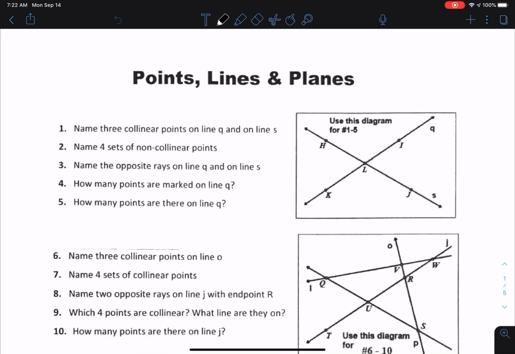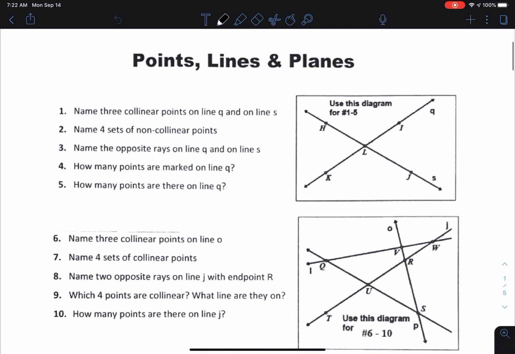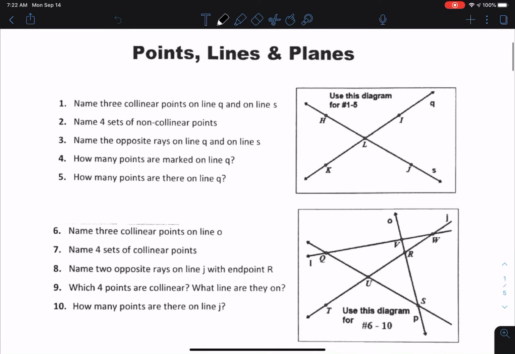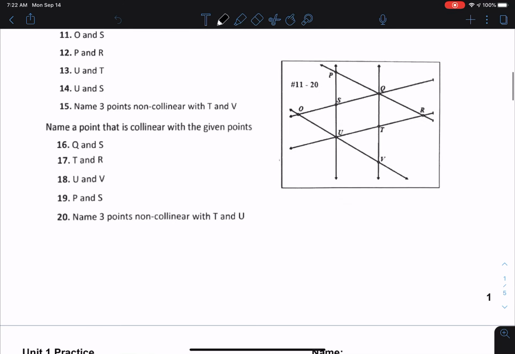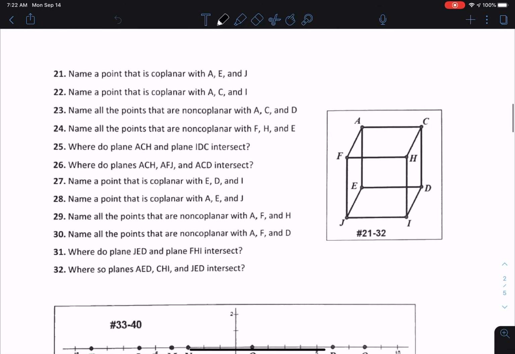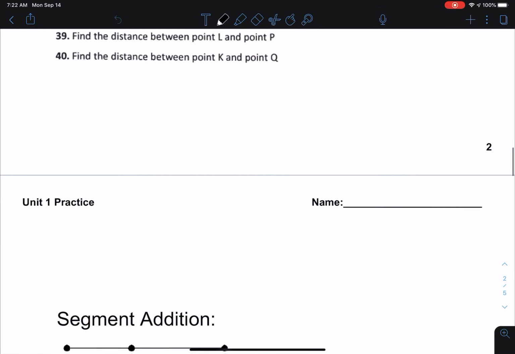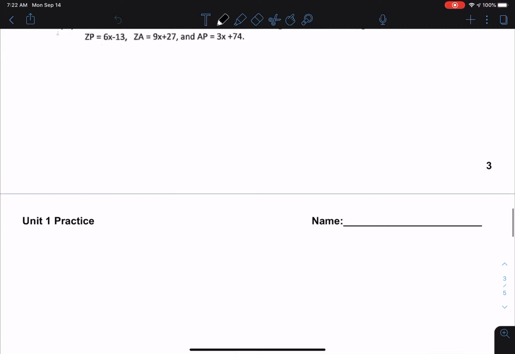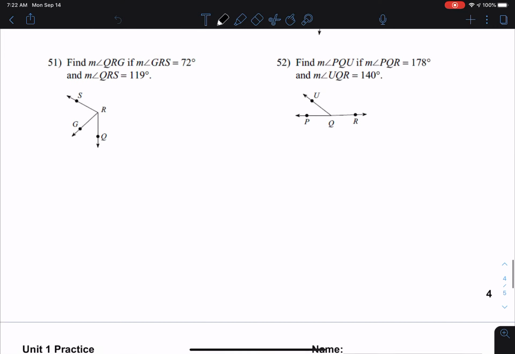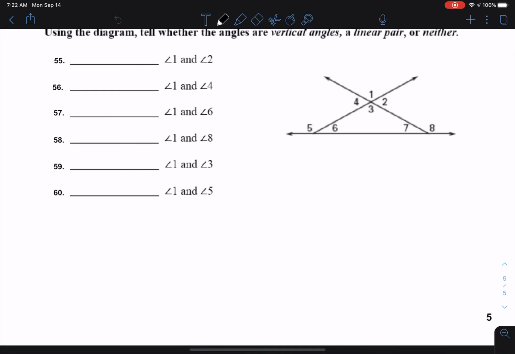So we're going to go over this study guide because your test is next class time I see you. I'm going to go over probably about 2 problems from each little section. There's about 60-something problems on here, and if you can knock out most of these, you will make an A on the test, no problem.